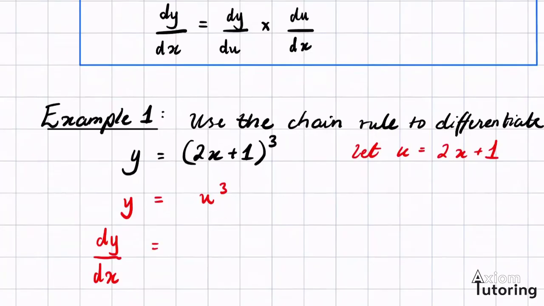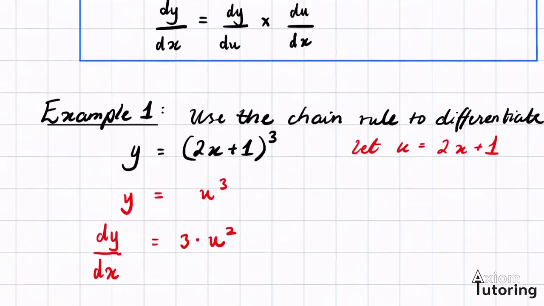And so our usual rules for differentiating powers of a variable apply. It's the same as when we were differentiating powers of x. So let's bring down the power. So we get 3 times u and then take away 1 from the index. So that's 3u squared. That's going to be our dy over du.